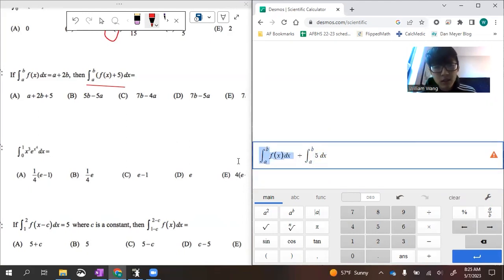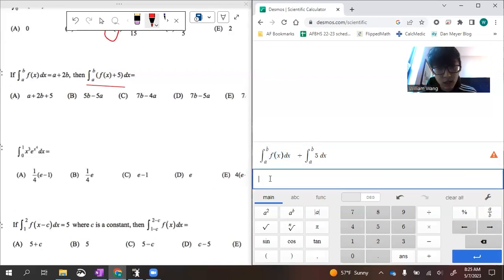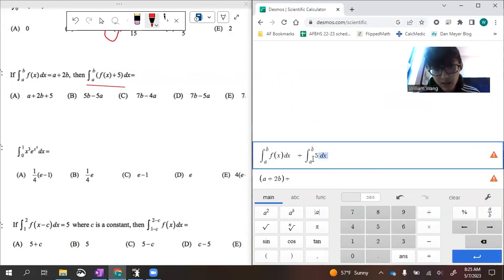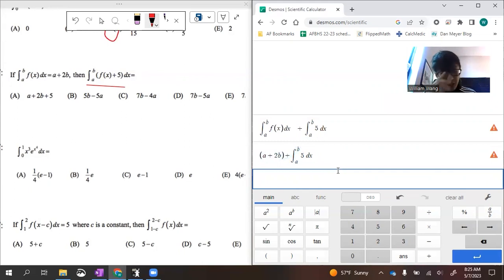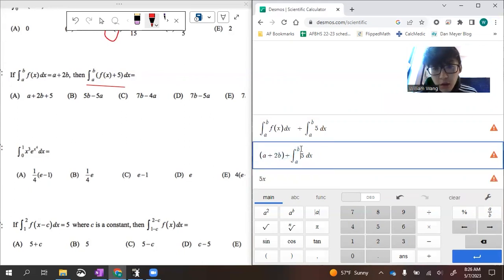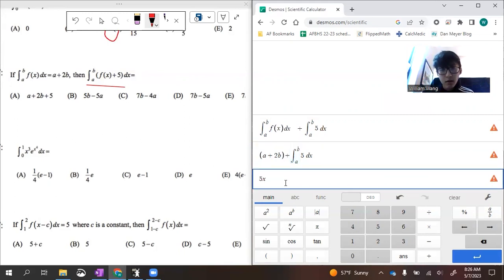Okay, well, what is this integral of f of x? They said it's a plus 2b. Okay, cool. So a plus 2b, I already solved for this half. I just need to solve for the integral of 5 from a to b. Well, what is the integral of 5? The integral of 5 is just 5x. Then I would plug in b and a, right?